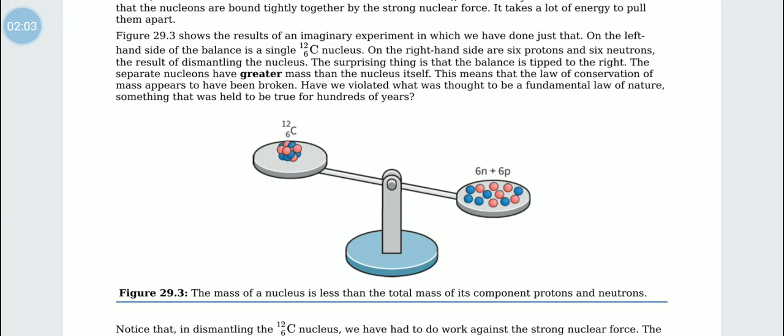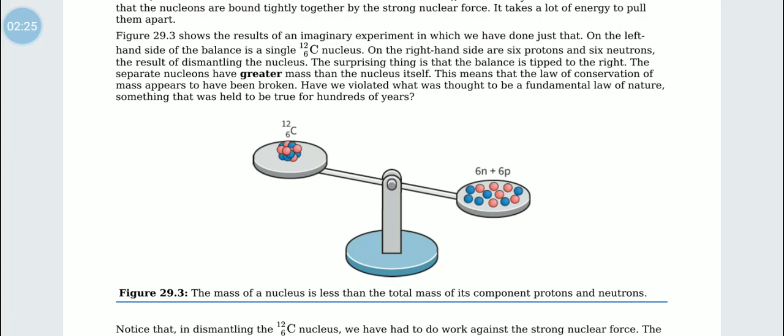When we put these two onto each side, we expect these to balance, because on the left hand side we have carbon-12, and on the right hand side also we have 6 neutrons and 6 protons.